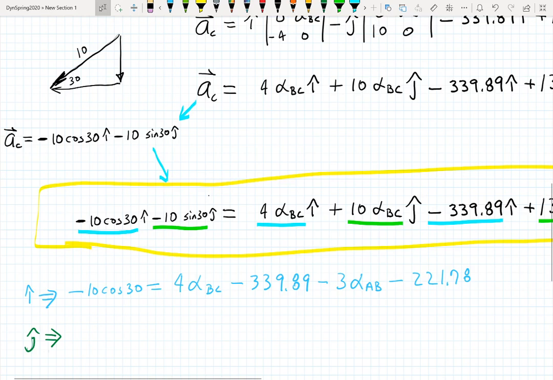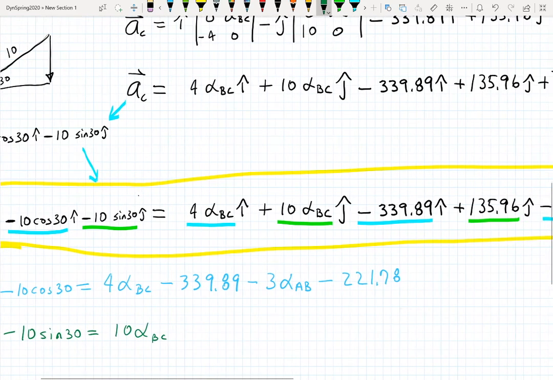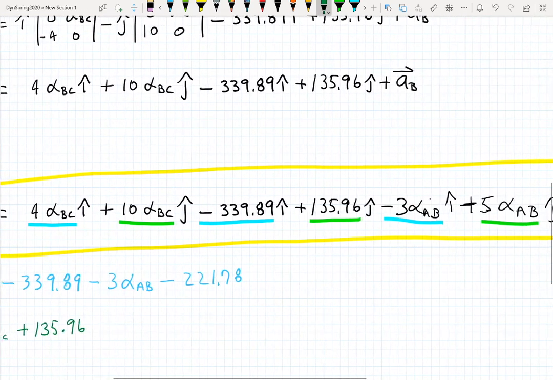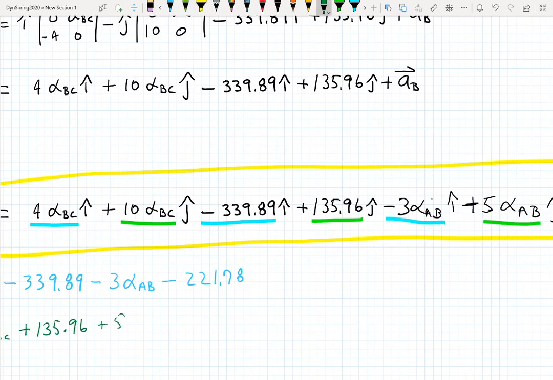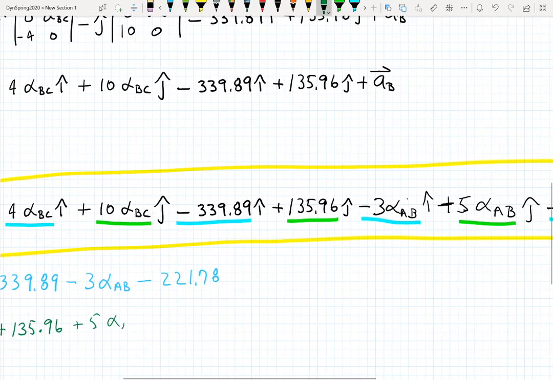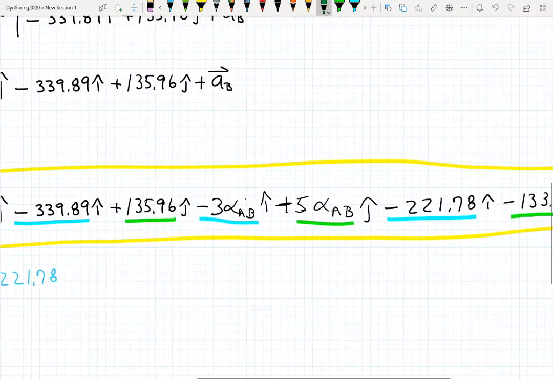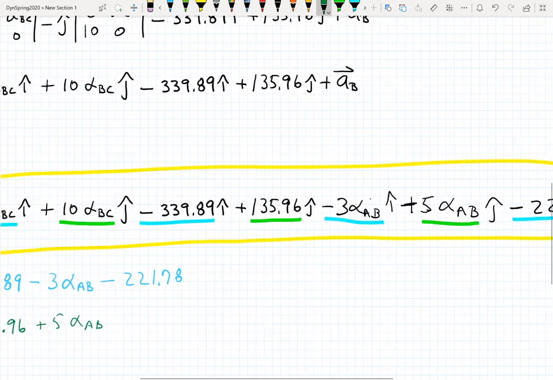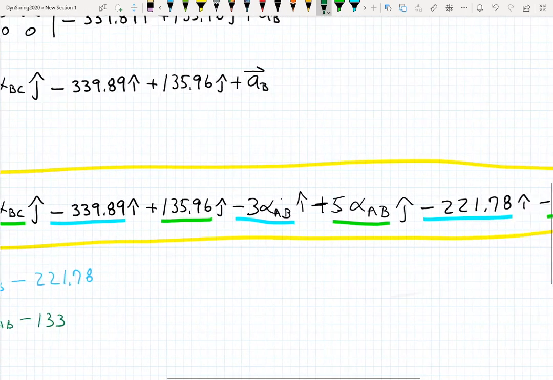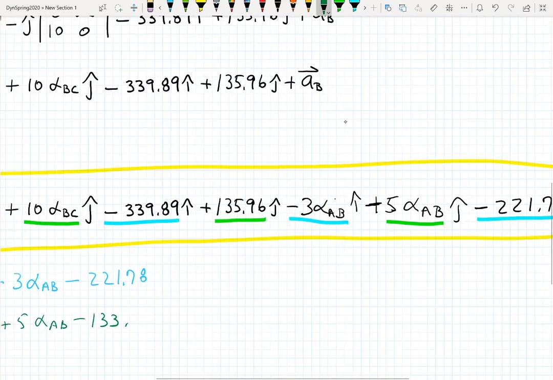Now we're picking up the green. Alpha BC plus 5 alpha AB minus 133.07.